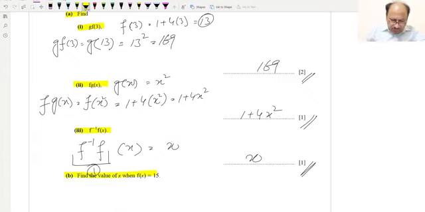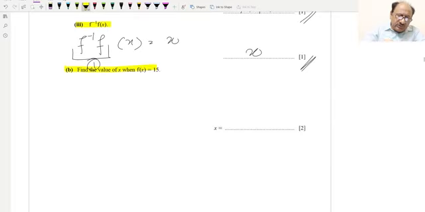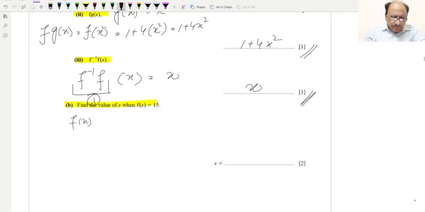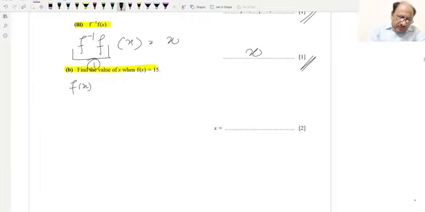Then they're saying part B, find the value of x when f of x is equal to 15. So we'll take f of x, which is 1 plus 4x. So we will write 1 plus 4x is equal to 15, which is given.